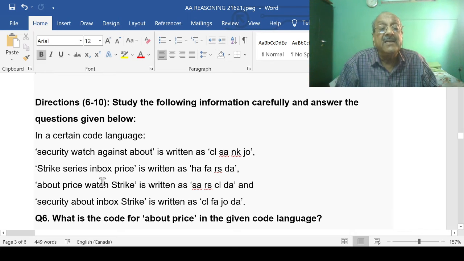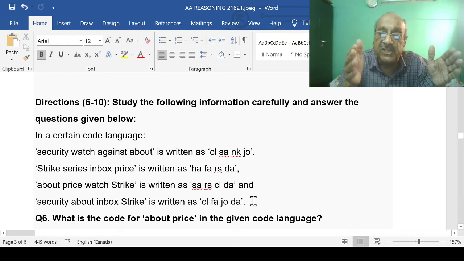Strike series inbox price is written as HA-FA-RS DAW. About price watch strike is written as SARSCLDA. And security about inbox strike is written as CLFAJODA. So halt the video at this stage.